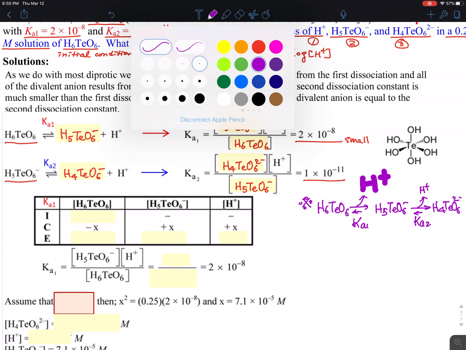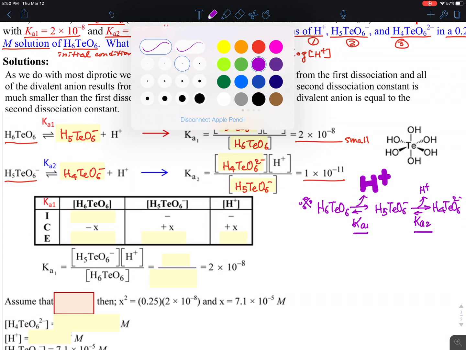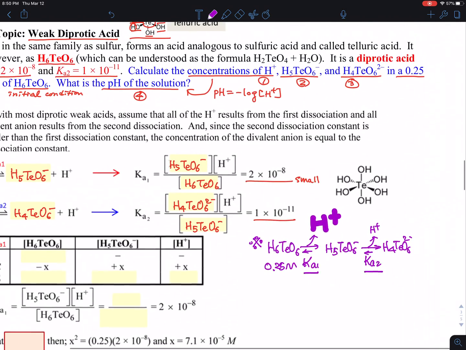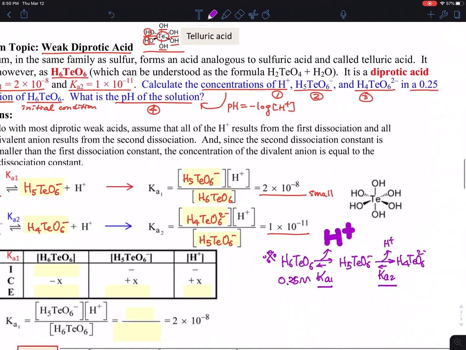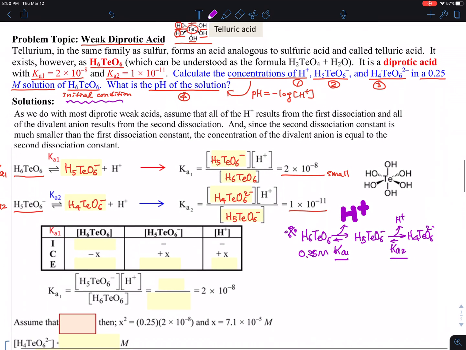That's the value for the first ionization, that's the value for the second ionization, and as you can see, although this value is small, you start from 0.25 molar concentration of this initial compound. You start from this, and you generate something very small, and this is even smaller.